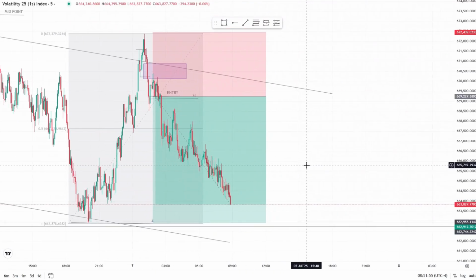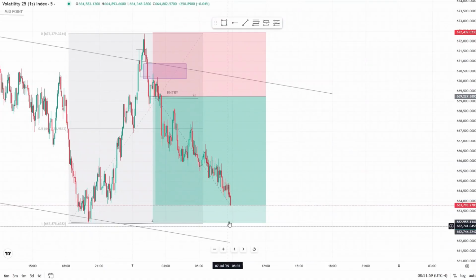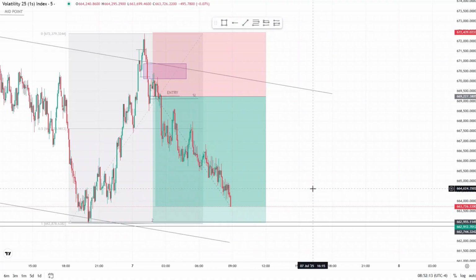So I would really like to hold on to this trade until it touches, which it will most probably, but I feel like I should just leave it right here so that you guys see that this thing actually works.